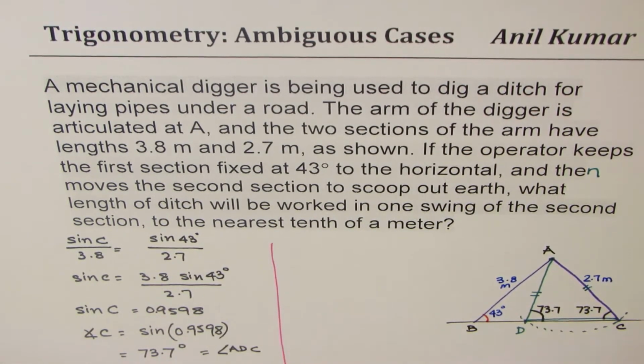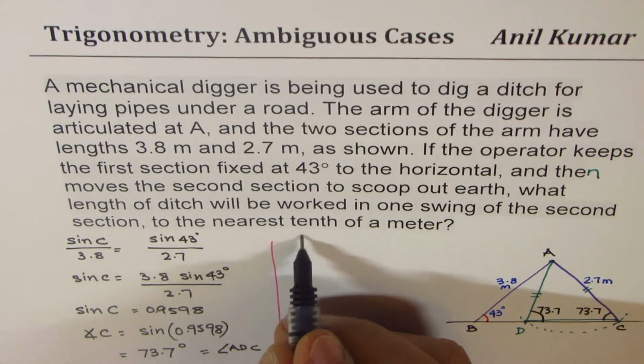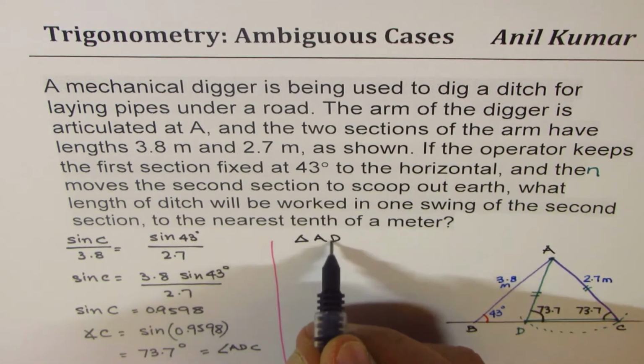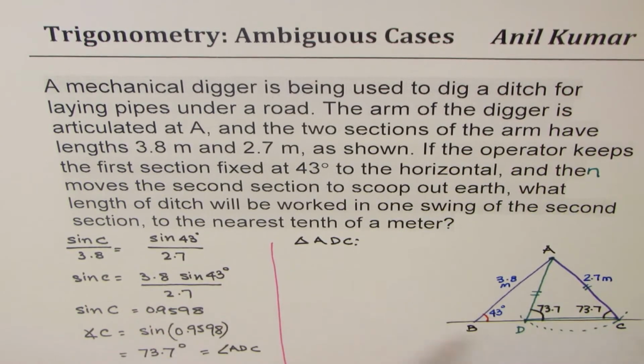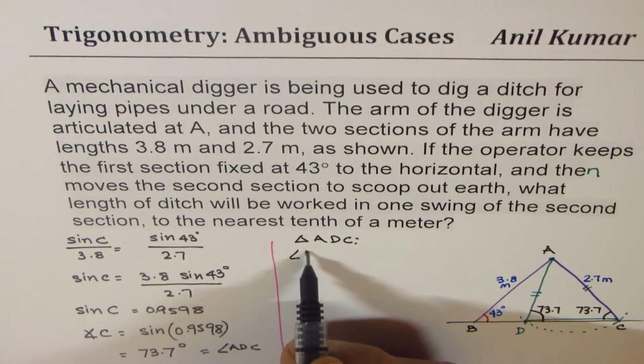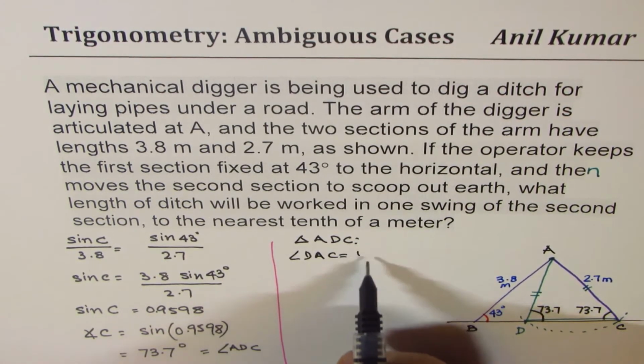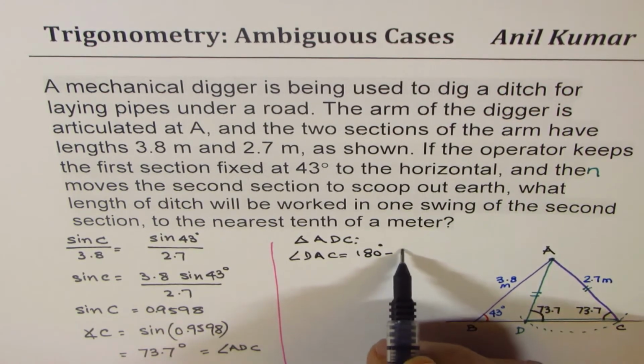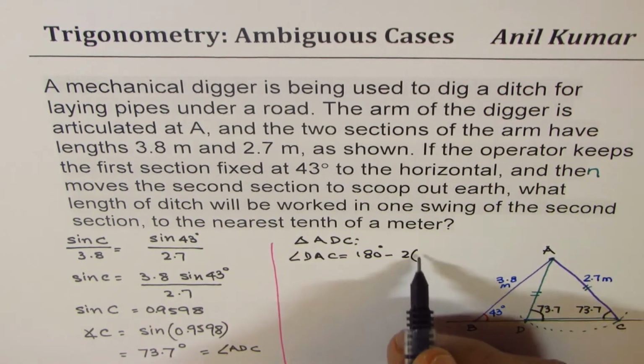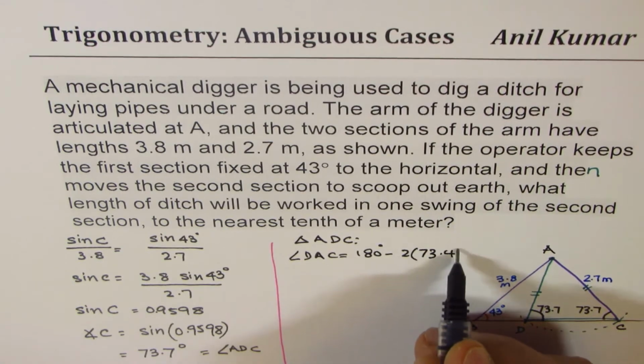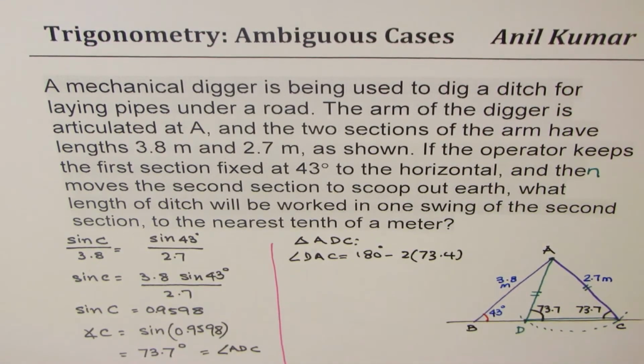So now let's try to solve the triangle ADC. Now in this triangle, angle DAC should be equal to 180 degrees minus 2 times 73.7, right? Which is how much?